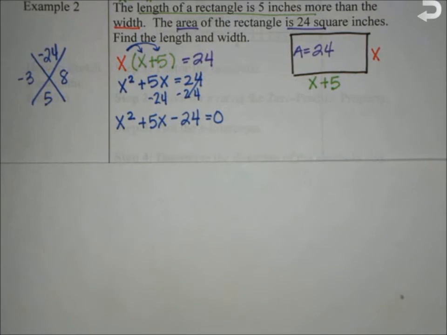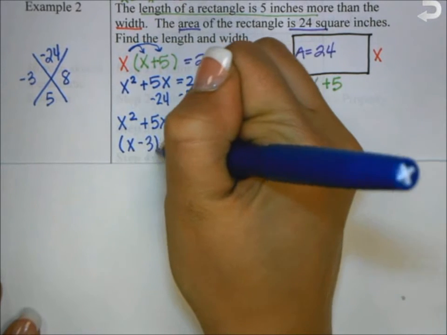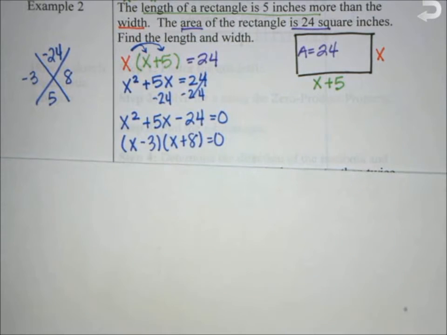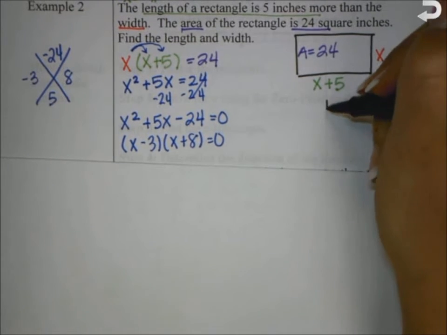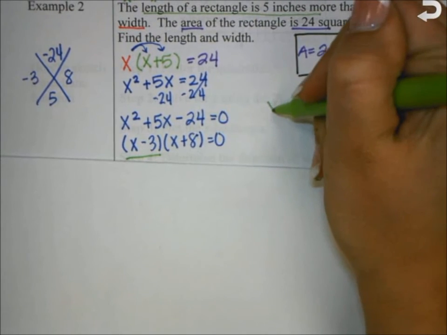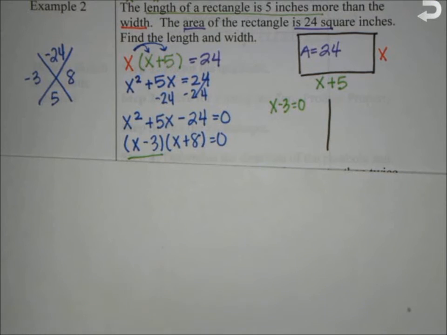So x minus 3 times x plus 8 equals 0. How do I solve? Set each one equal to 0. So x minus 3 equals 0, and x plus 8 equals 0.